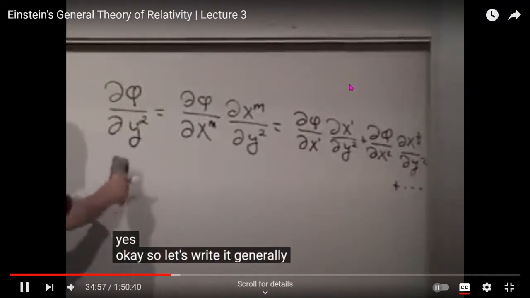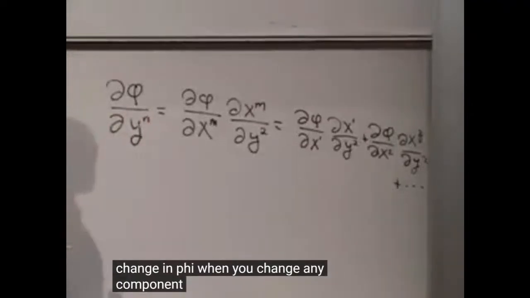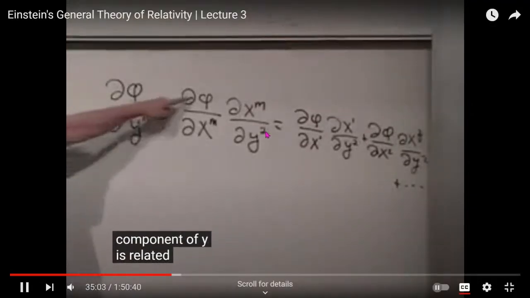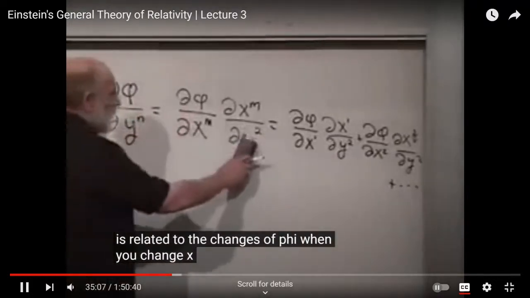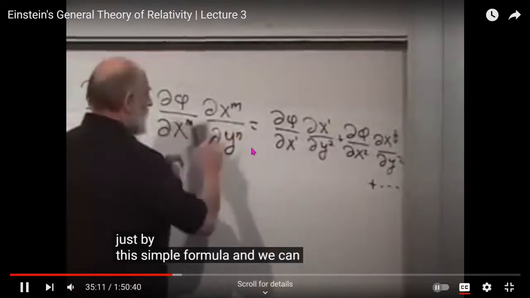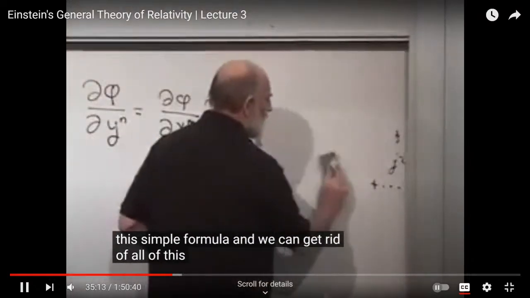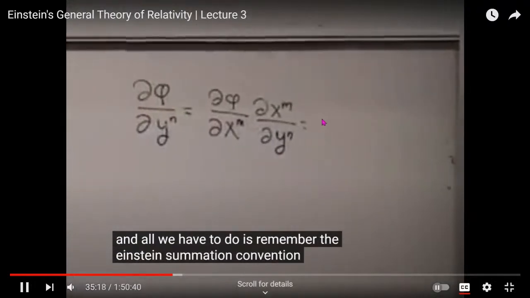Okay, so let's write it generally. The change in phi, when you change any component of y, is related to the changes of phi when you change x just by this simple formula. And all we have to do is remember the Einstein summation convention.